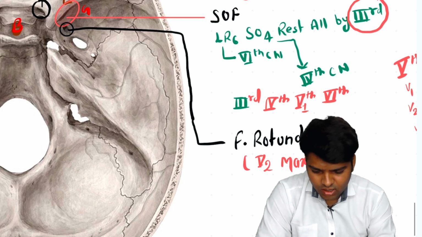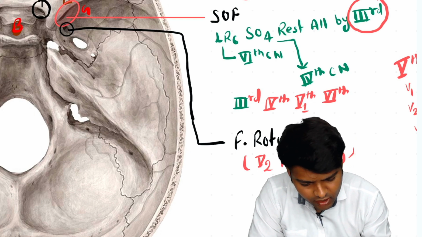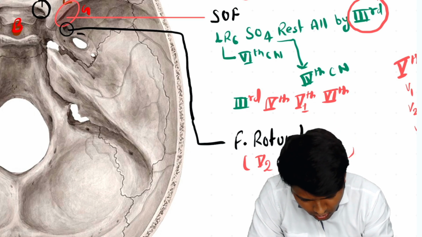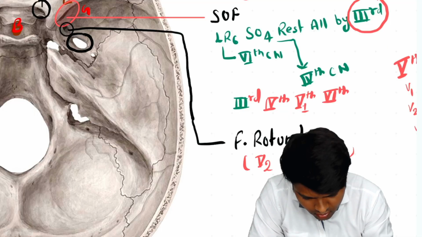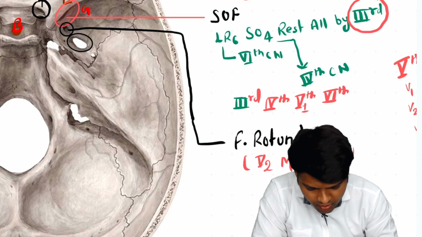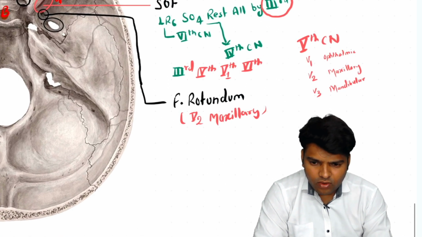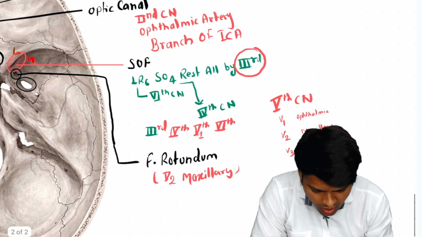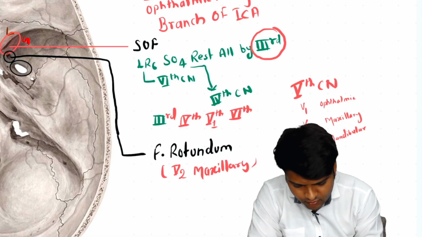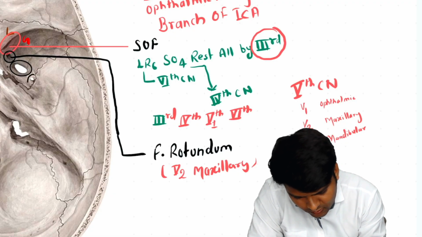After the foramen rotundum, you will see the next opening, which is called the foramen ovale. This is the foramen ovale, and after it you will see the foramen spinosum.